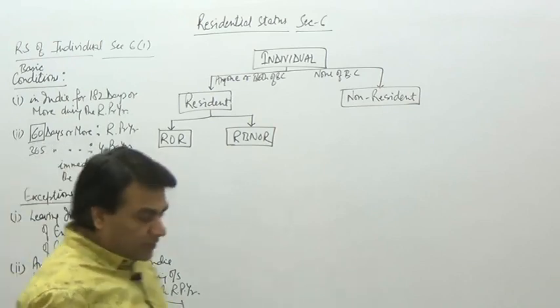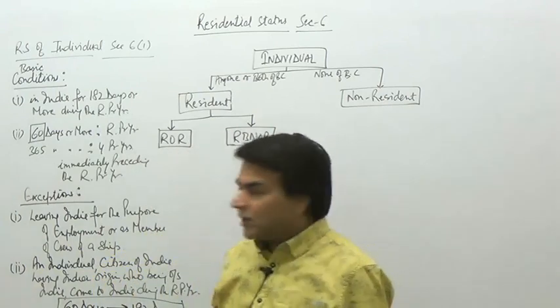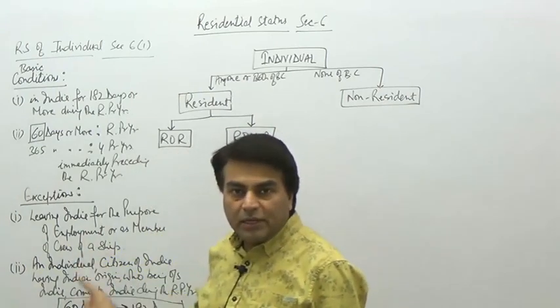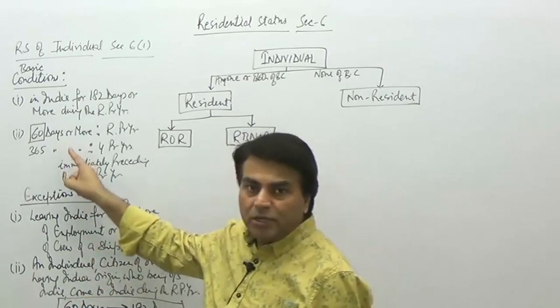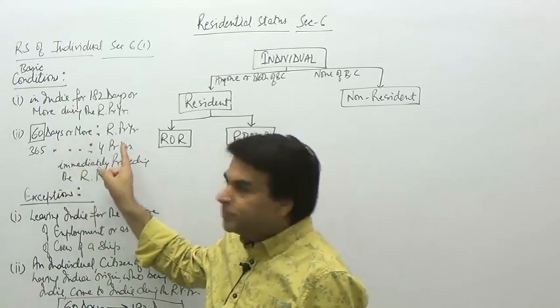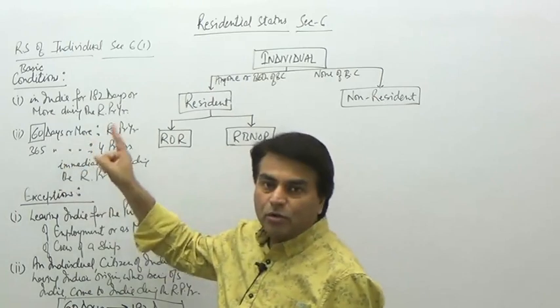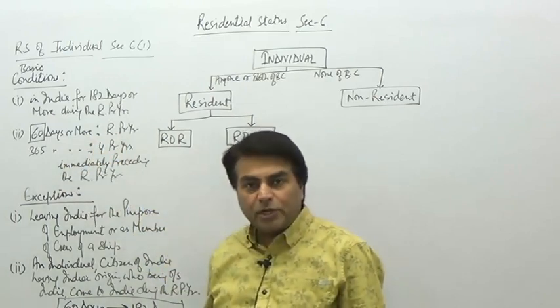That means when you would see that your assessee is an individual who falls under any of these two exceptions, then in that case, the second basic condition would be like this: 182 days or more during the relevant previous year and 365 days or more during the 4 previous years. Okay.